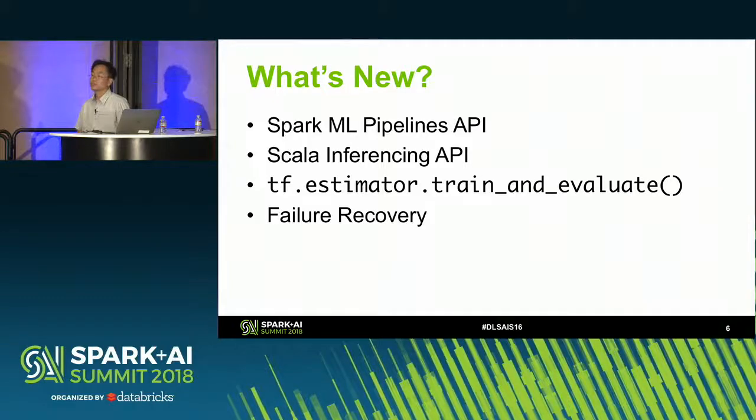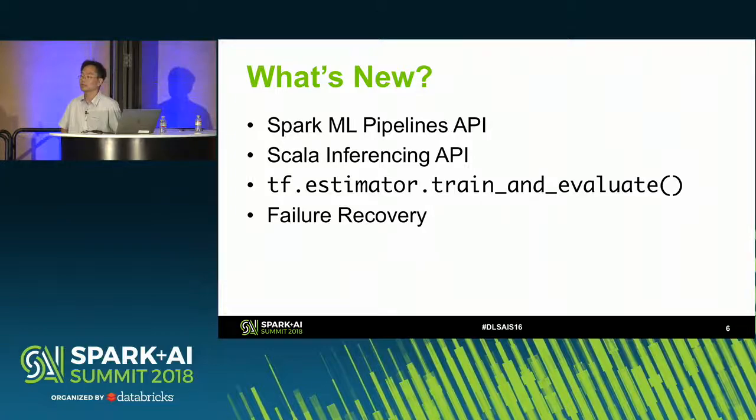So what's new? Since last year, we have introduced an API that conforms to the Spark ML pipelines. I'll dive into the details of that. We've also introduced a Scala inferencing API.